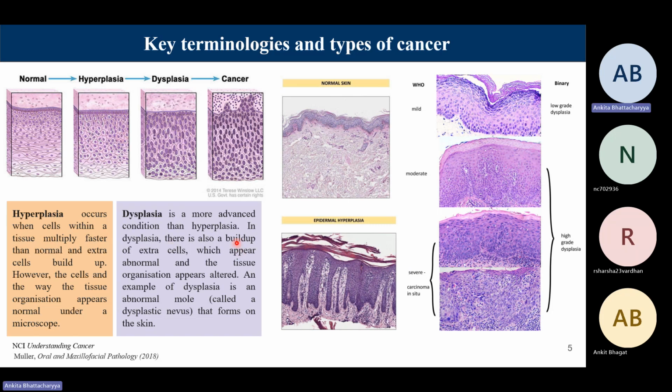Second was dysplasia, more advanced than hyperplasia. There is also a buildup of extra cells which appear very abnormal, and the tissue organization is now altered. An example is an abnormal mole, also often called a dysplastic nevus, that forms on the skin. So here, you can see the main difference that I had mentioned at that point of time, if you remember, was that from the initial architecture of cells, in the dysplastic cells, you can see that the size of the nucleus is way more huge.